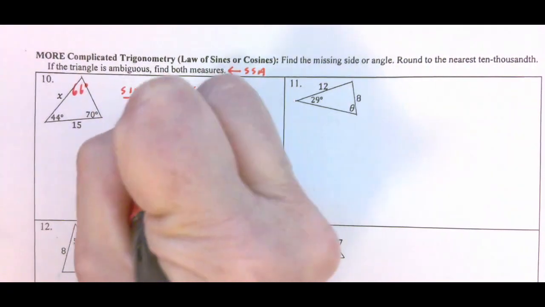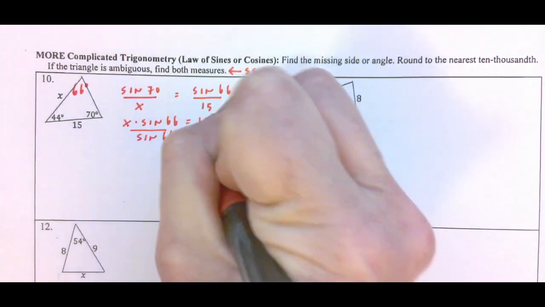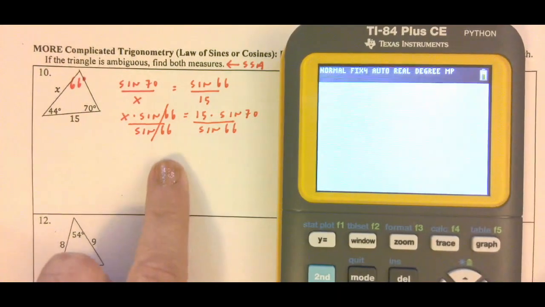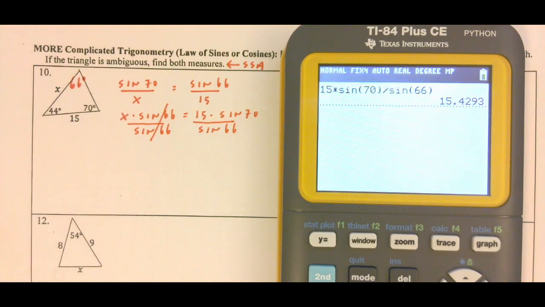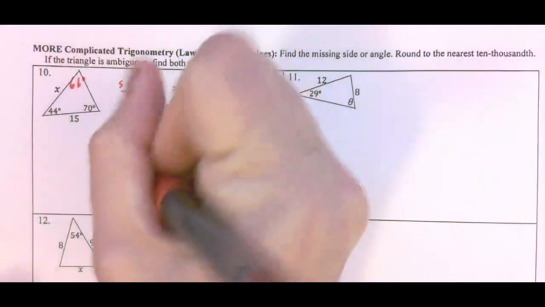Then I just divide out the sine 66. All right, as I plug that in, I'm going to say that 15 times sine 70 divided by sine 66, just like that. So I get that my missing side has to be 15.4293.